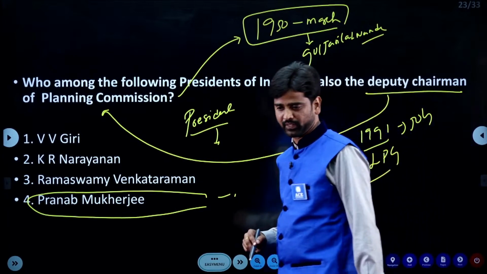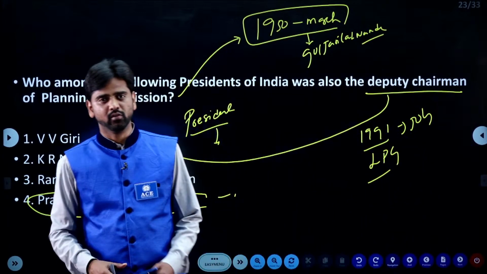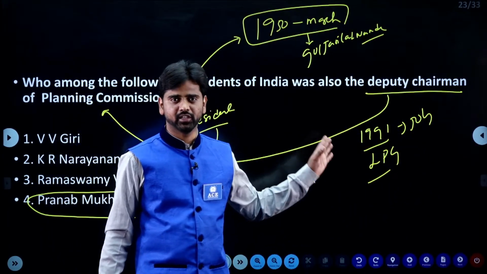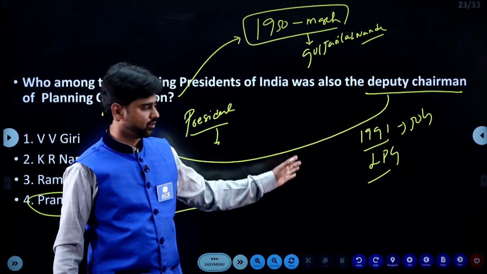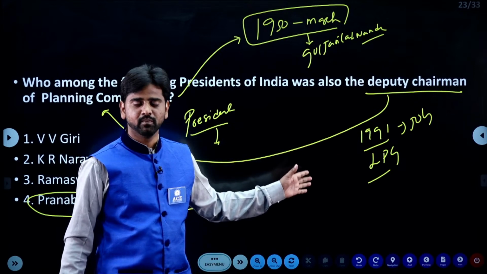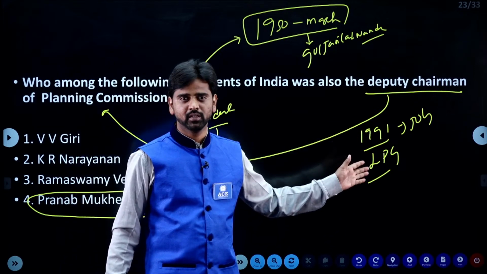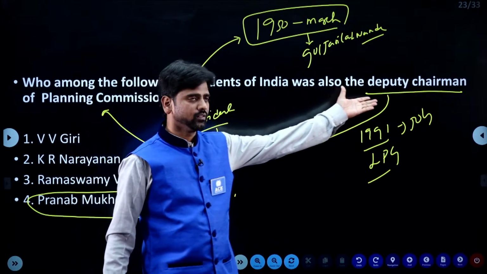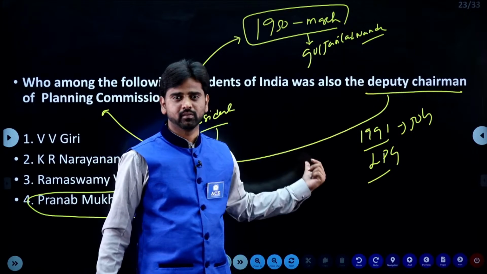Liberalization, privatization, globalization. During these LPG reforms, Manmohan Singh was the finance minister, P.V. Narasimha Rao was our PM, and at that same time, the deputy chairman was Pranab Mukherjee.